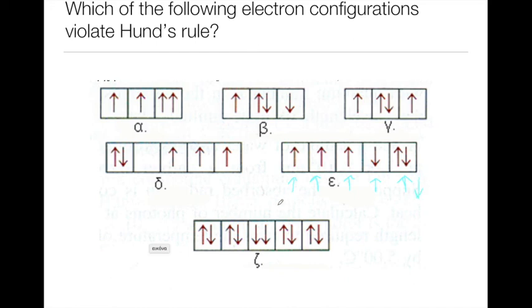Or if I were to start with a downward spin, 1, 2, 3, 4, 5, and then 6. This is incorrect because it should have been put with the same spin as these ones. Therefore it violates Hund's rule, and this one violates Pauli's exclusion principle.